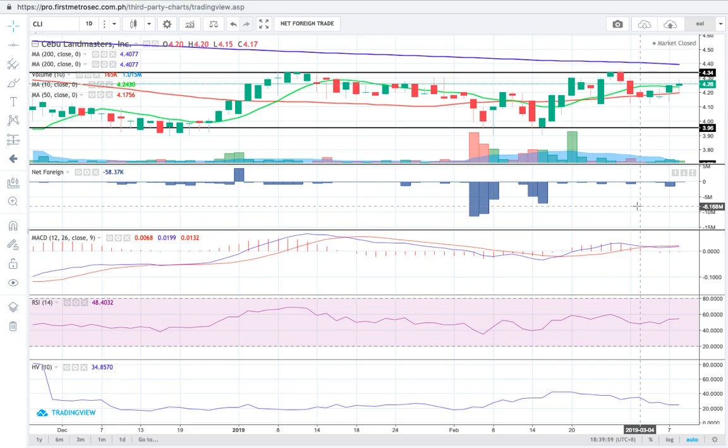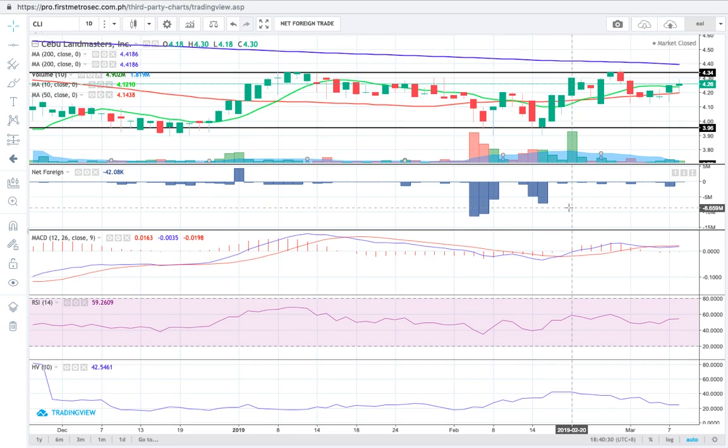Perhaps CLI will continue to move sideways if it continues registering this kind of flimsy volume, but that could change, especially if it starts registering significant volume, perhaps above 3.77 million worth of volume.